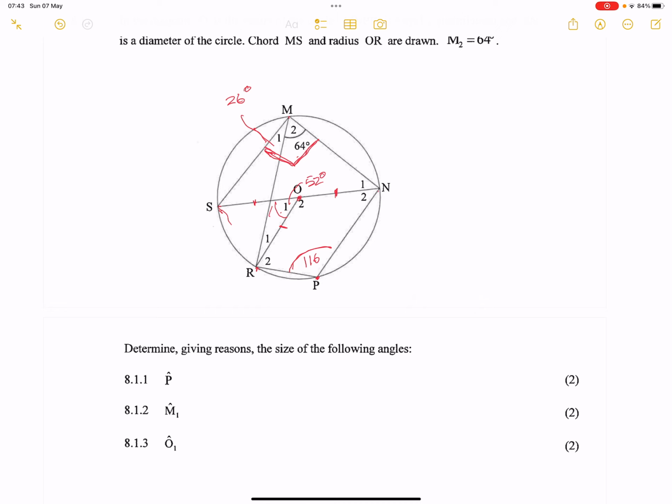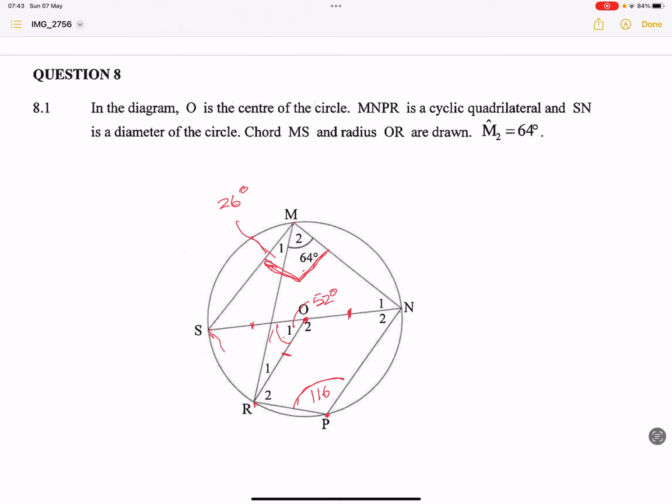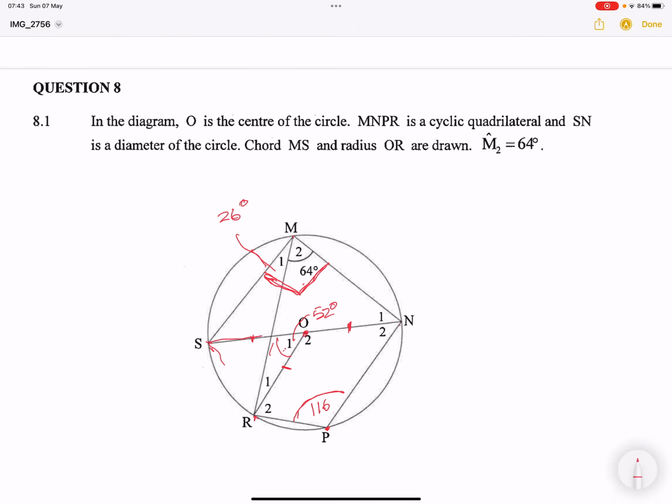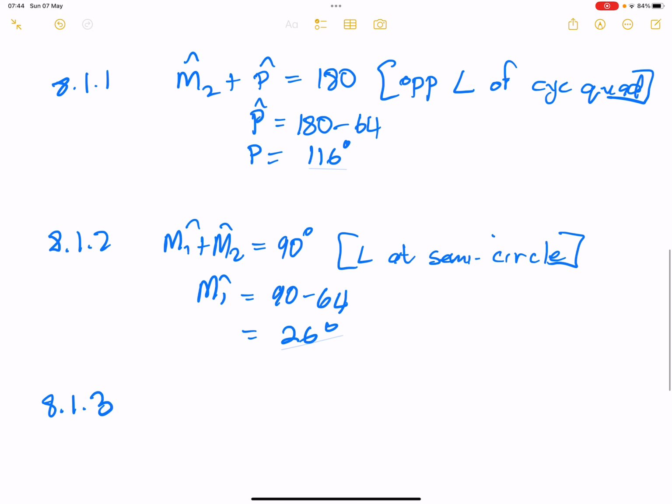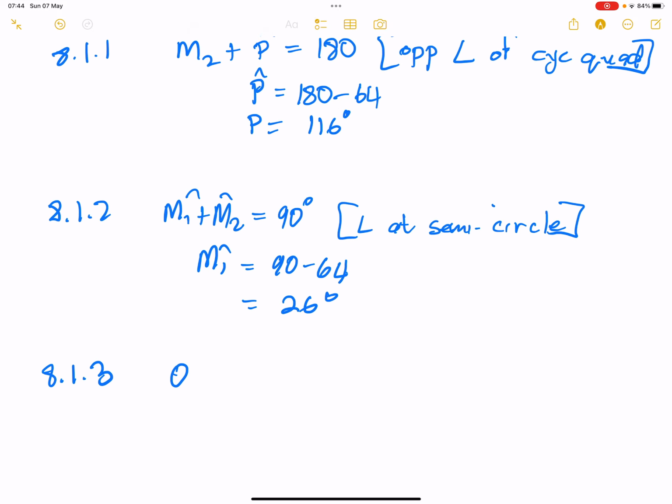So we've got the value of M1, and finally we are looking for O1, which is the one that we found there. We know that angle at center, there's our center O, they told us that it is the center, and the angle at circumference is M1. So O1 will be 2 times M1.